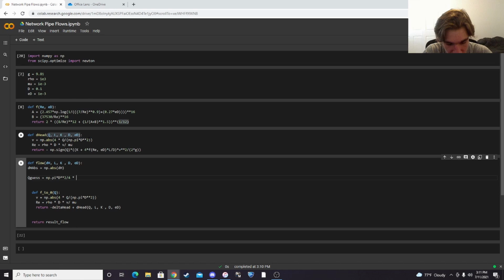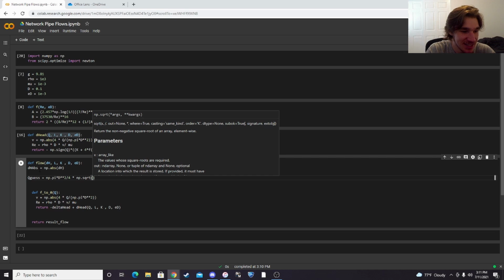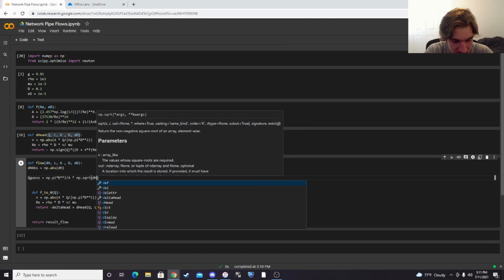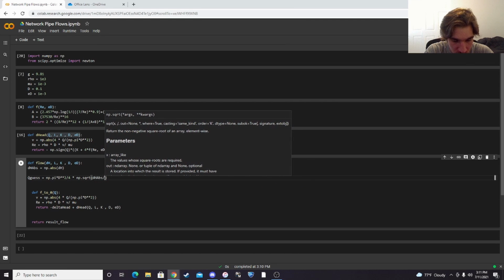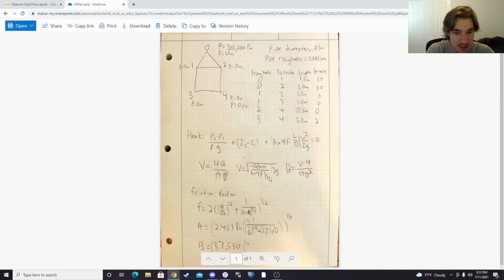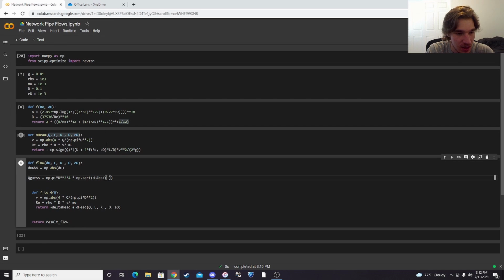So we're going to use the square root. And this is where the dhabs comes in place, because you can't have a negative under square root. That does not make any sense at all, right? So what we're going to do is dhabs over, and then big parenthesis, it's going to be k plus 4 L over d.